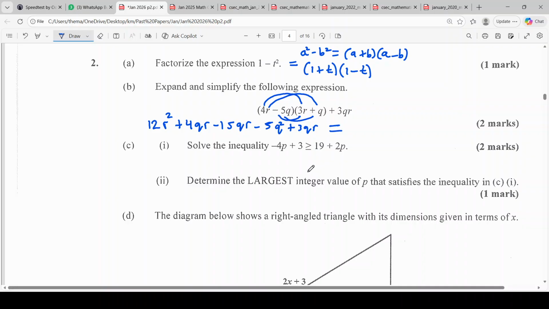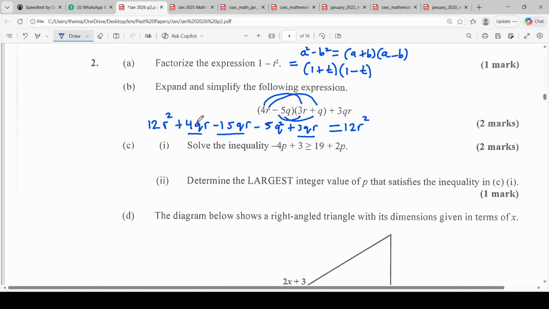Right, and then we're looking for these similar terms. So we have 12r squared. We have nothing else with r squared. So that will have a similar term. We write that back. We have 4qr and we have minus 15qr. So these are like terms here. 4qr, negative 15qr, and 3qr. All those are like terms.